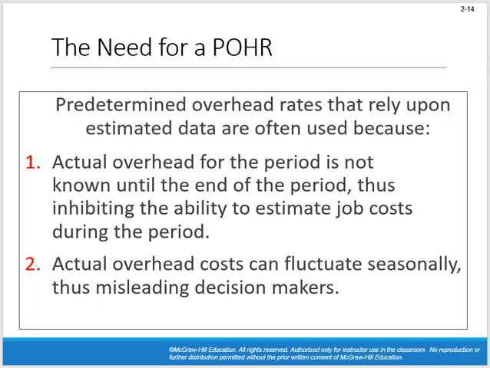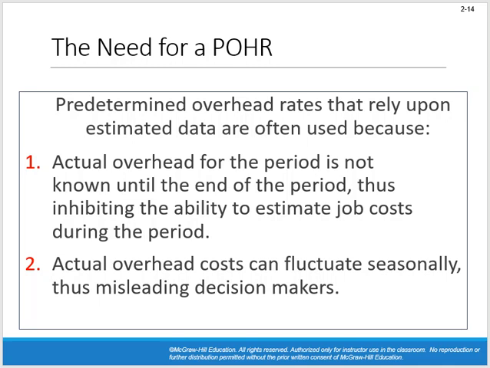And number two, actual overhead costs can fluctuate seasonally, thus misleading decision makers. So what they're implying is that if our volume, our activity level is fluctuating throughout the year, we don't want to have these changes, these fluctuations in our overhead rate.